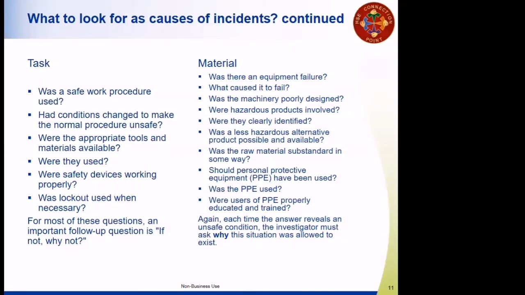Were the appropriate tools and material available? Were they used? Were the safety devices working properly? Was lockout used when necessary? For most of these questions, an important follow-up question is, if not, why not?